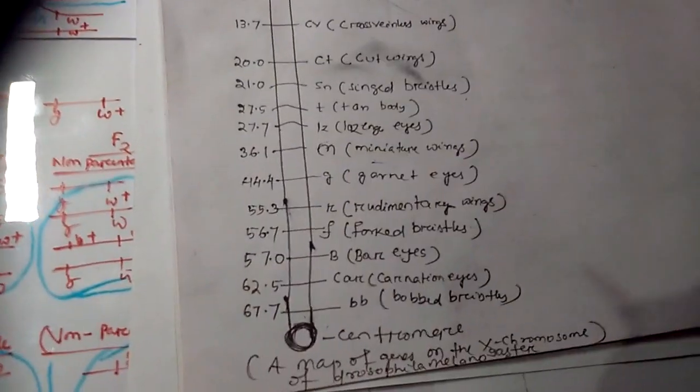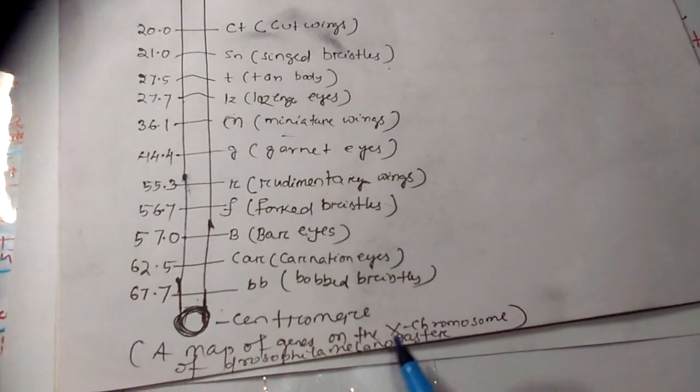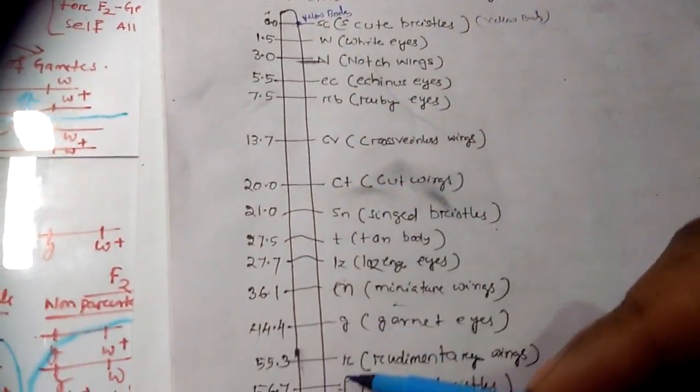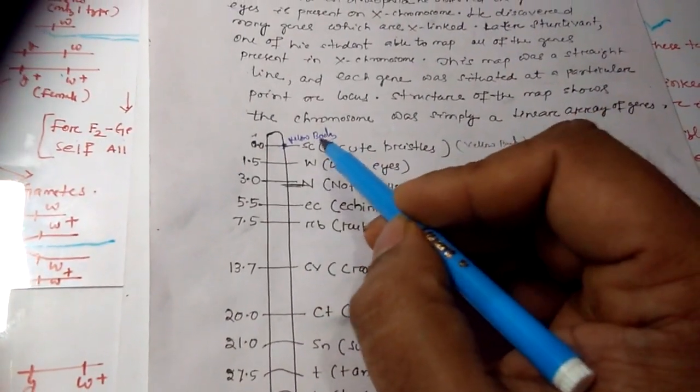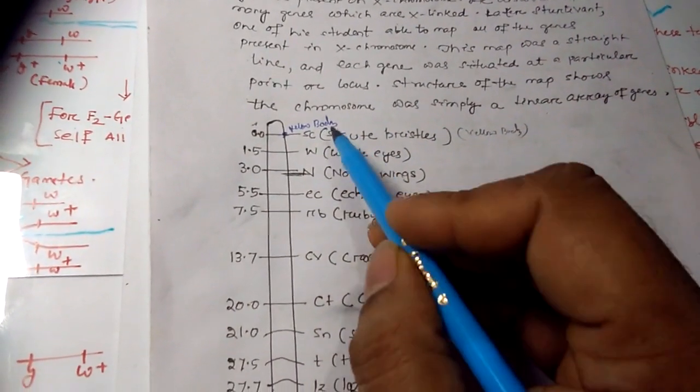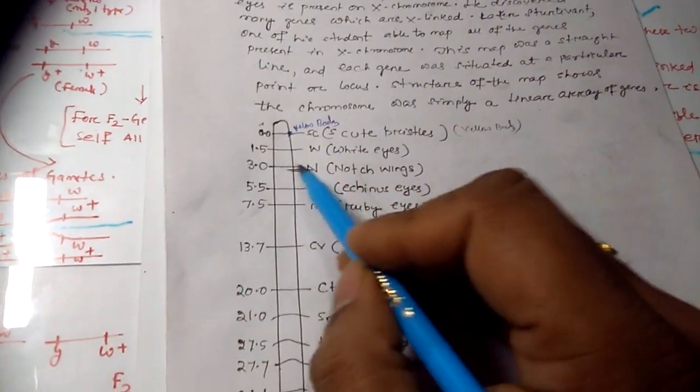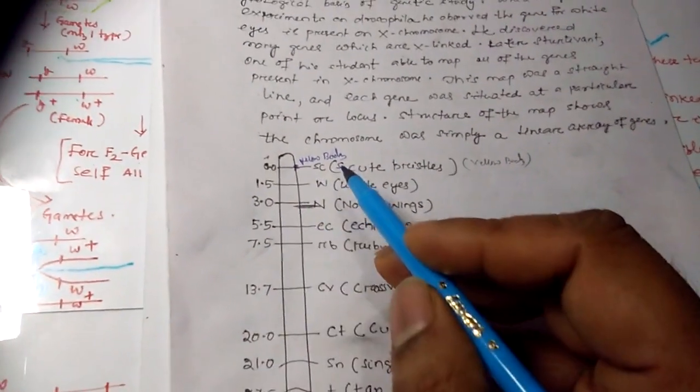This is the X chromosome of the Drosophila. So these many genes are there. What he has taken is yellow and white, yellow body and white eye or red eye. They are very near to each other, so whenever they undergo crossing over, they move together.